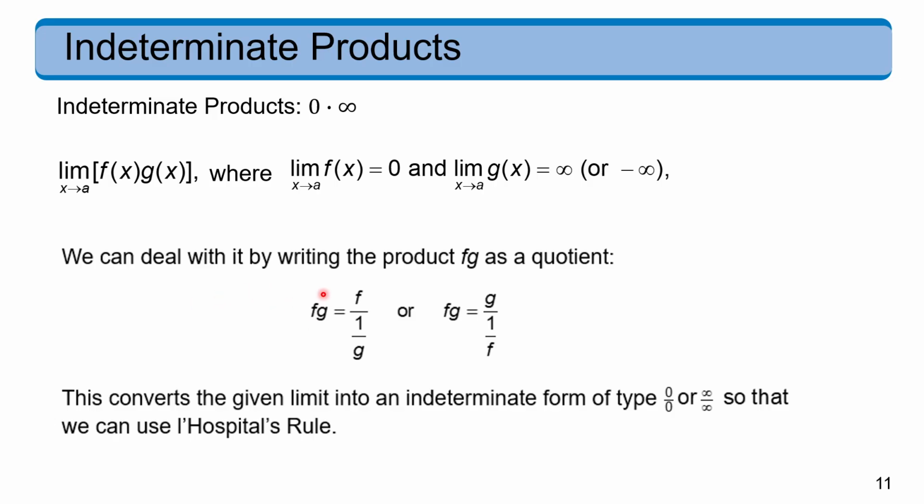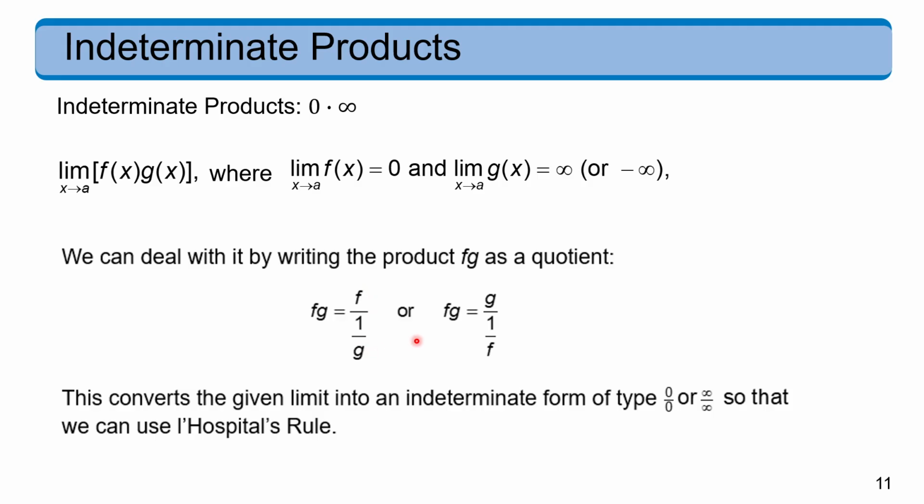So here's the strategy for dealing with the form 0 times infinity. You take your product, which we've called f times g, and you rewrite it by forcing it to be a fraction. So one way to force that to be a fraction is to move g to the denominator, but as its reciprocal. So f over 1 over g is the same as f times g, but now it's written in the form of a fraction.